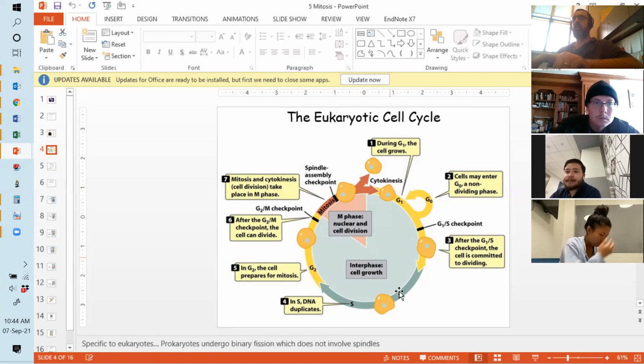These checkpoints are incredibly important to make sure that your cells divide when they should, during development mostly, or maybe stem cells in your skin or gut. And when these go wrong, that essentially leads to cancer. So the control of these checkpoints is incredibly important.